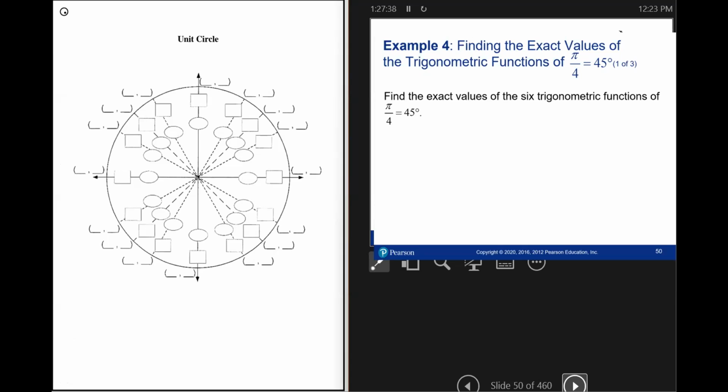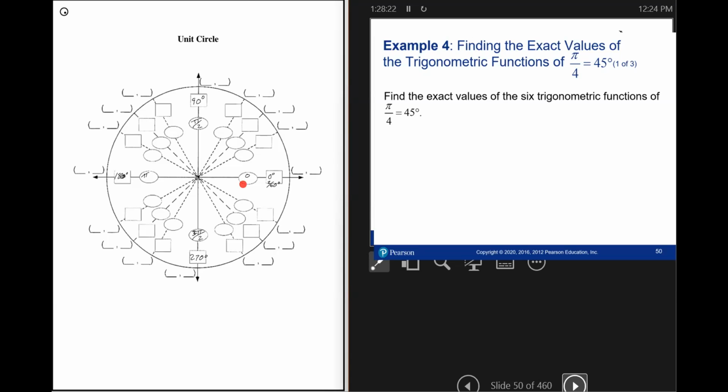And so we already determined that this is 90 degrees, which is pi over 2, and this is 180 degrees, which is pi, and this one is 270 degrees, which is 3 pi halves, and this one is 0 degrees or 360 degrees, which is 0 radians or 2 pi radians.